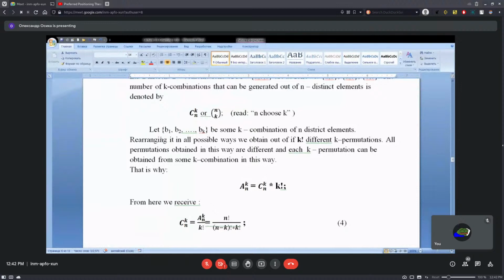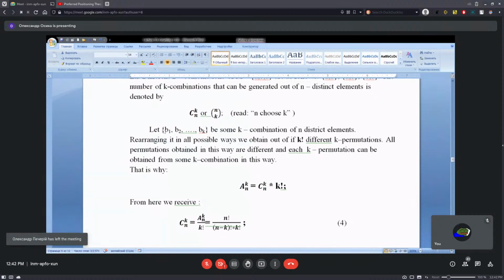Rearranging this subset in all possible ways, we obtain of it K factorial different K permutations. All permutations obtained in this way are different. And each K permutation can be obtained from some K combination.